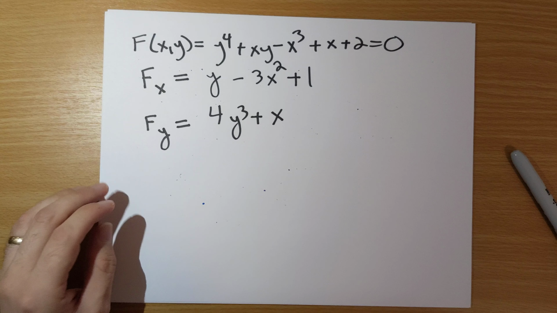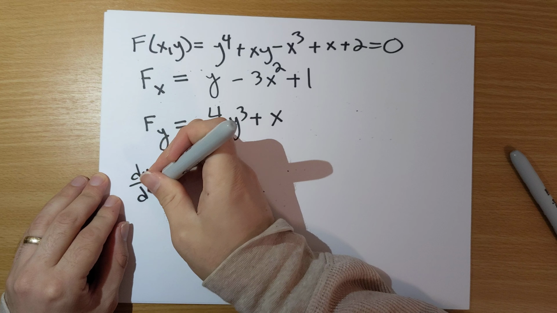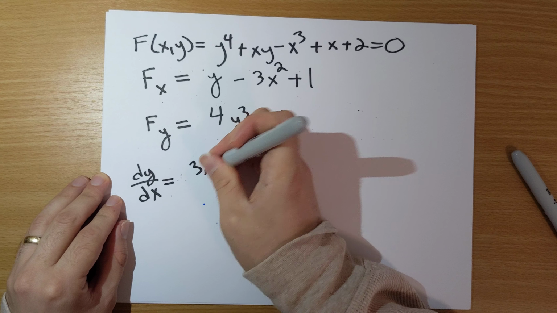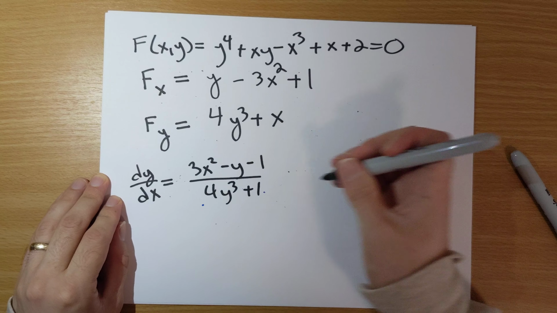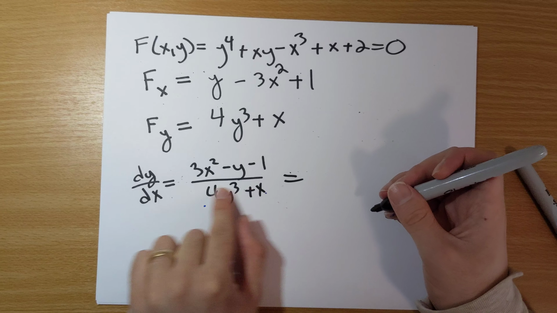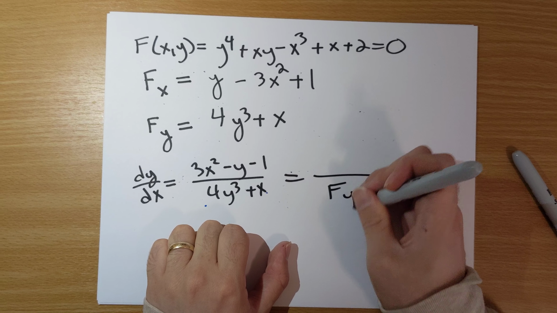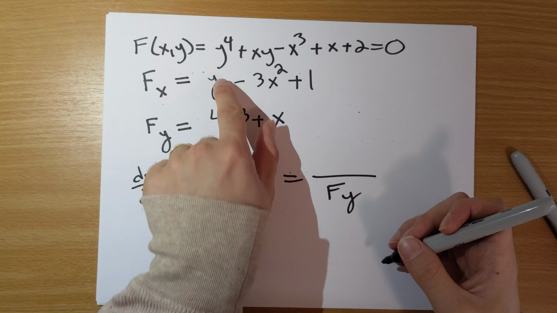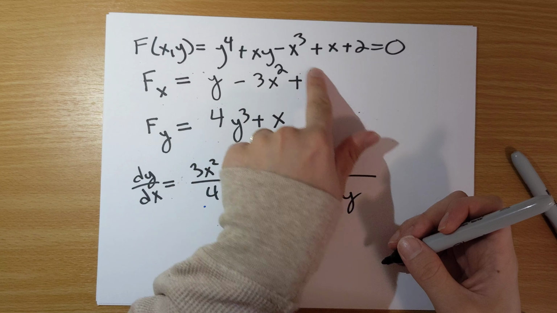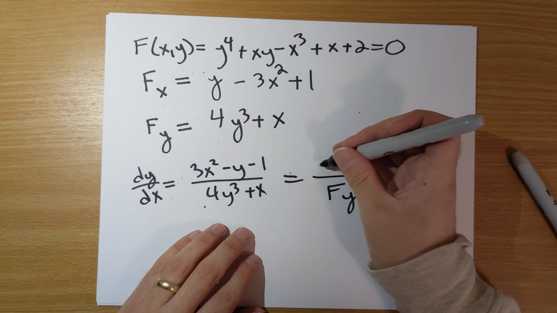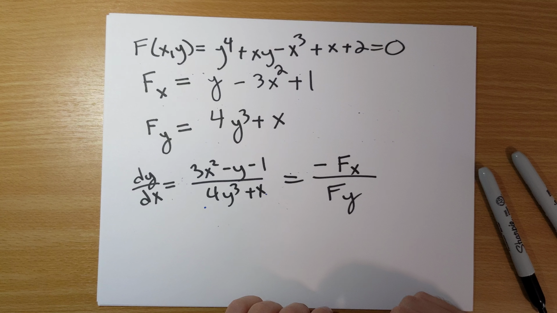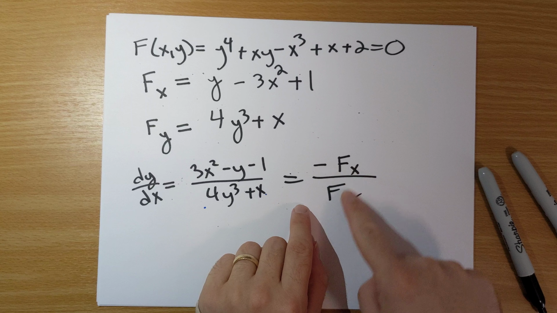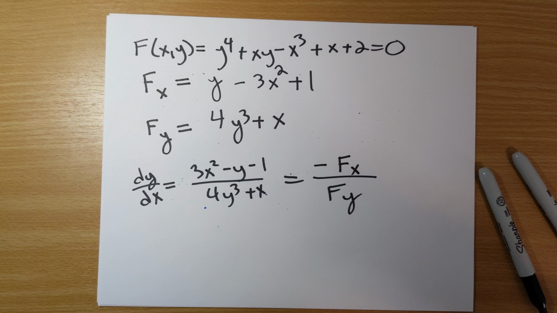The thing that you should notice, let me recopy dy dx, is 3x squared minus y minus 1 over 4y cubed plus x. Well, the denominator is just the y partial derivative, and the numerator is the negative of the x partial derivative. So dy dx is the negative x partial derivative divided by the y partial derivative.